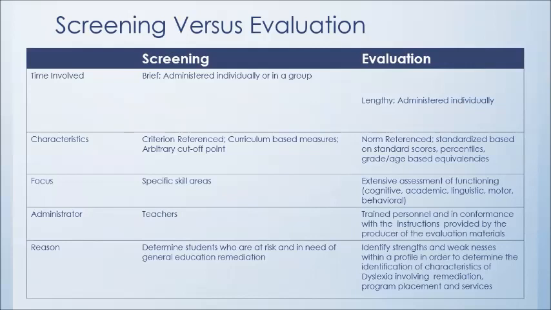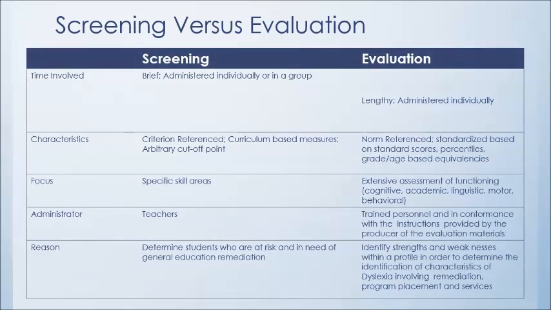And we start off with time involved. A screener is usually brief and is administered individually or in a group. However, an evaluation can be lengthy and is usually administered individually.